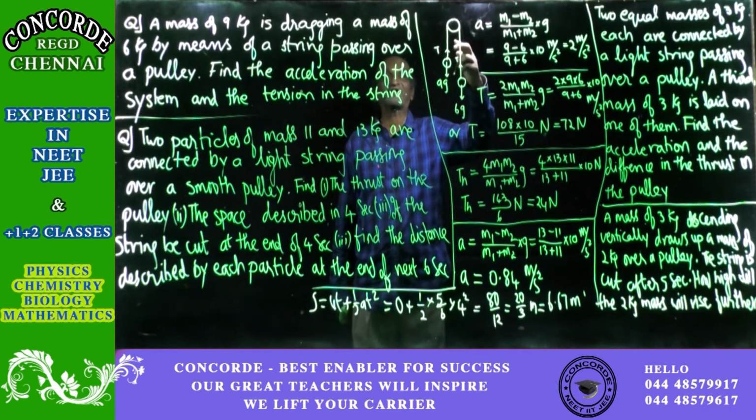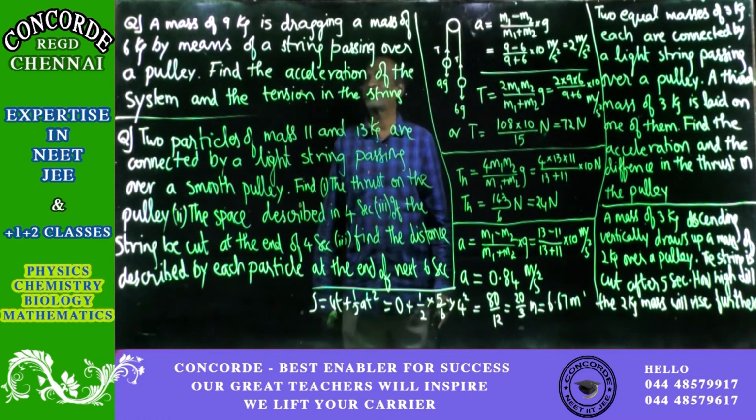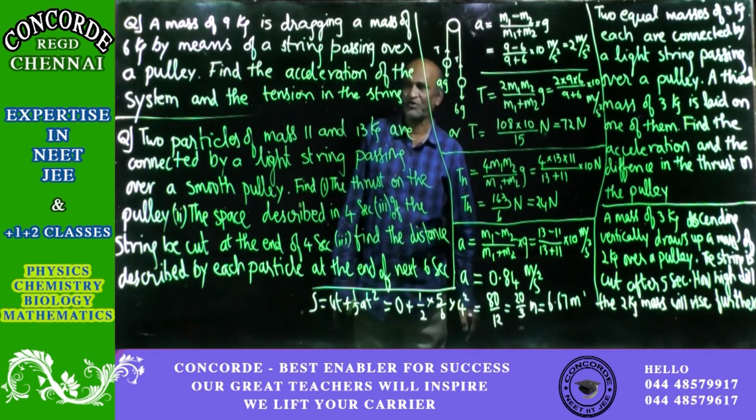And when the string is cut, the acceleration is known to us. The distance covered is also known. And for the next 6 seconds, how much distance is covered? So it is purely a motion under gravity. Time is given, distance is given, acceleration is also known. So s is equal to ut plus half at square is what you have to take after the string is cut. So right.